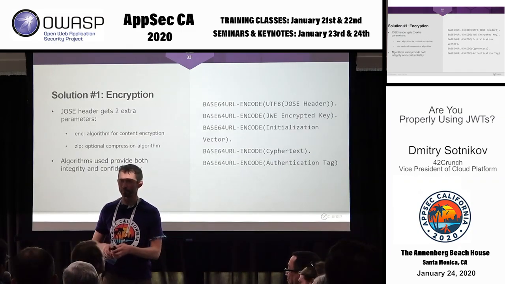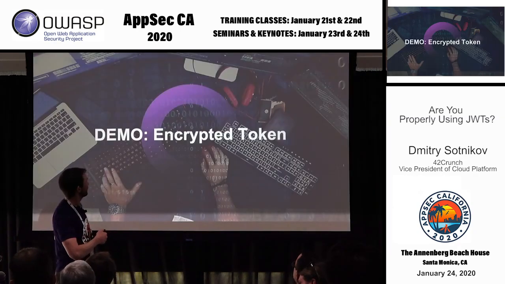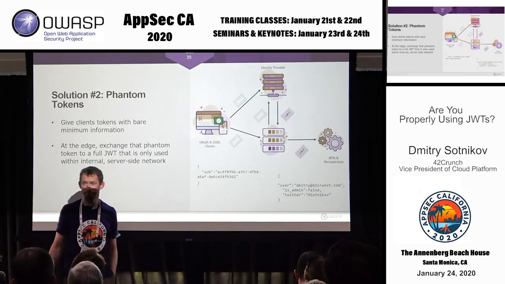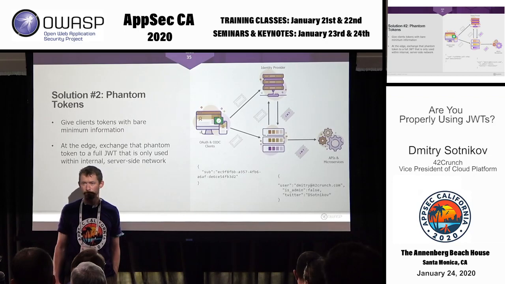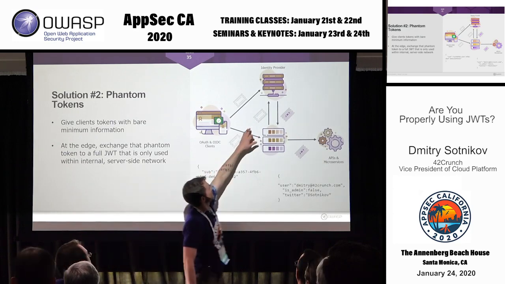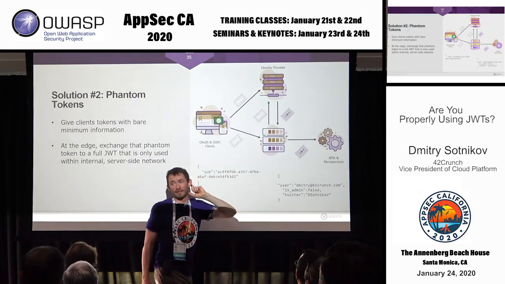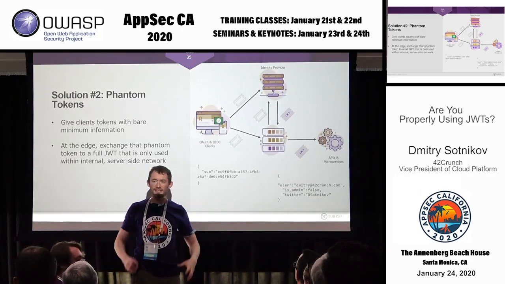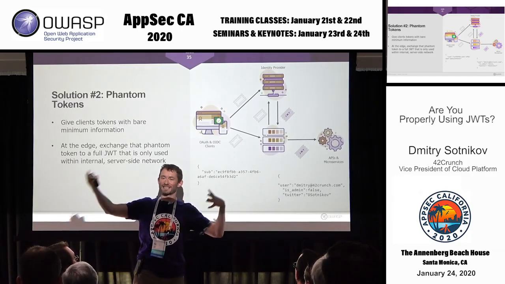So the second solution that you gave was the phantom keys? Yeah, phantom tokens, sorry. So how do the tokens map to JWT? How is the mapping of one to another? Basically, the mapping has to happen somewhere in the identity provider. Is there a standard way to map it? It's not a standard thing. It's an approach rather than a standard.